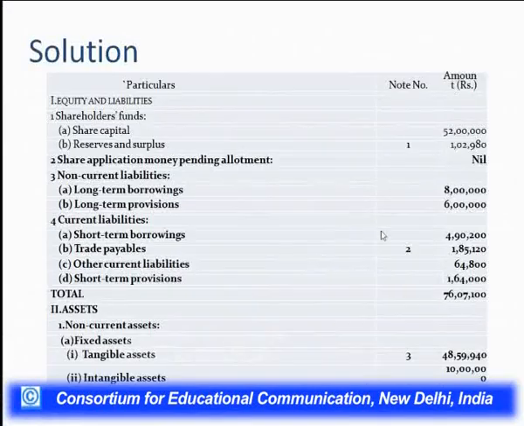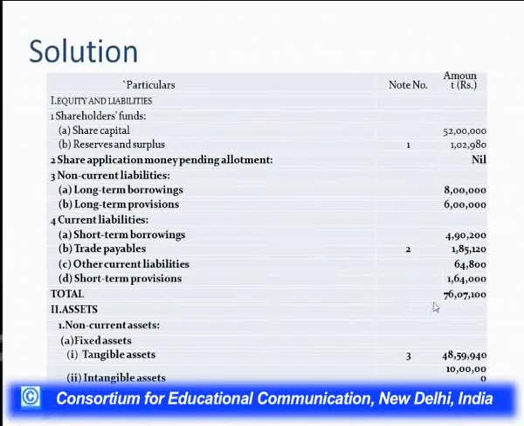So that amount needs to be shown separately, and provision for dividend should be shown separately. I have seen my students committing this mistake, so that's why I am putting emphasis on this particular aspect, right. So this unpaid dividend is shown under the head other current liabilities, and then the last head is short term provisions.